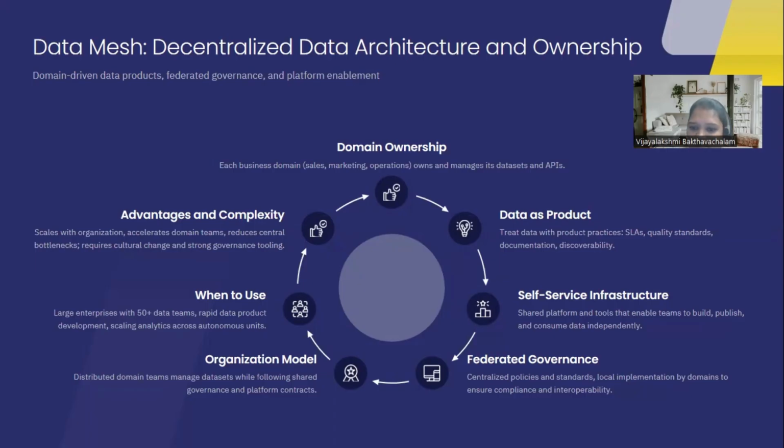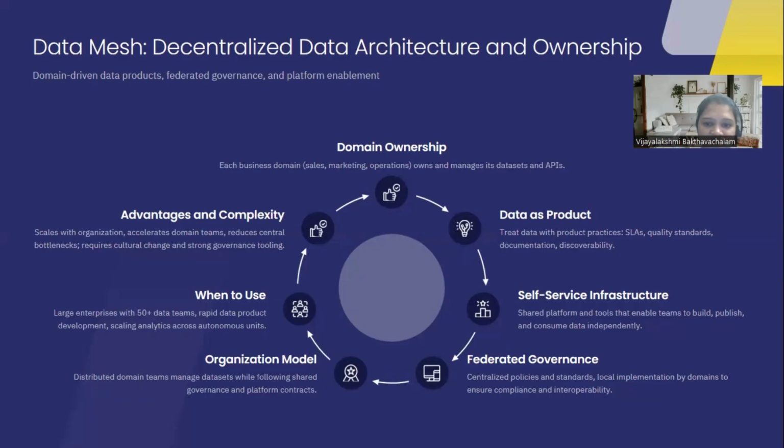Data is treated as a product. It has its own SLAs, quality standards, documentation, and discoverability. The third pillar is the self-service infrastructure. There are shared platform and tools provided that enables teams to build and publish data independently.